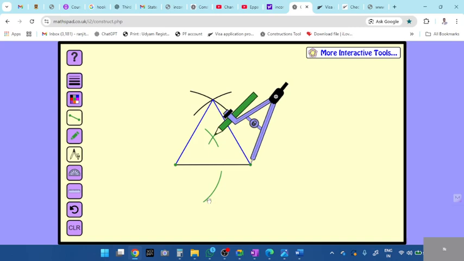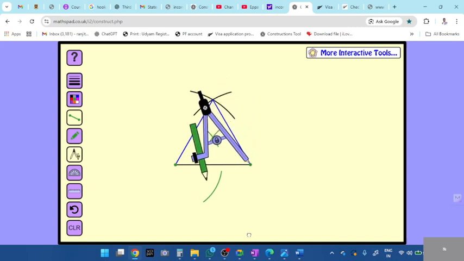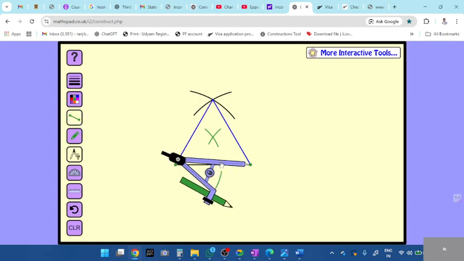All of you will construct this, students. Draw an equilateral triangle. All three sides are 6 centimeters. Be quick.